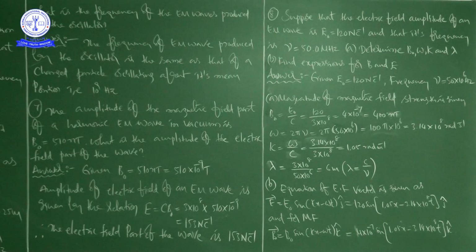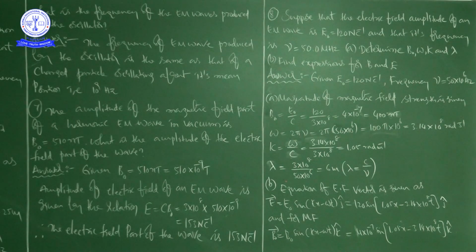Next, wavelength. The formula for wavelength is C by nu, since C is equal to nu lambda. So lambda is equal to C by nu, where C is the constant value 3 into 10 power 8, divided by the nu value already given, 50 into 10 power 6 hertz. When it is 50 into 10 power 6, it is 5 into 10 power 7, and the numerator is 10 power 8.